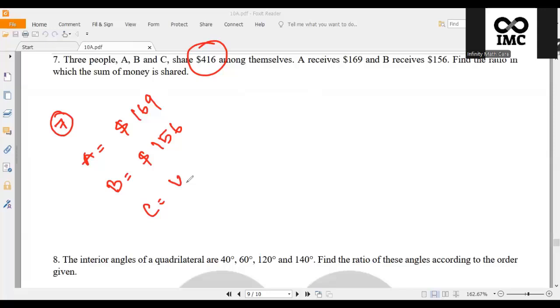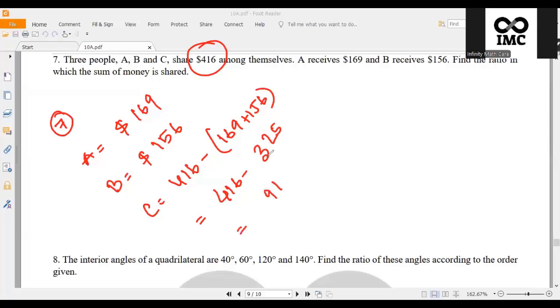That means 416 minus 169 plus 156. So 416 minus, 6 plus 9 is 15. We have 1. 12. We have 1. So 3. Now 6 minus 5 is 1. 2. That means 9. We have 1. That is $91. We can easily say C will receive $91.